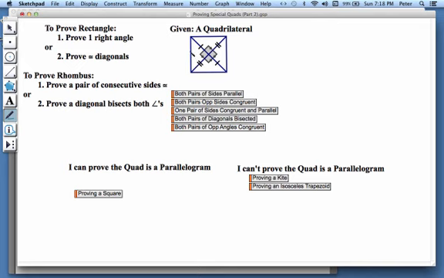So by CPCTC, each one of these sides is congruent. Well, that's enough to show that the figure is a rhombus.